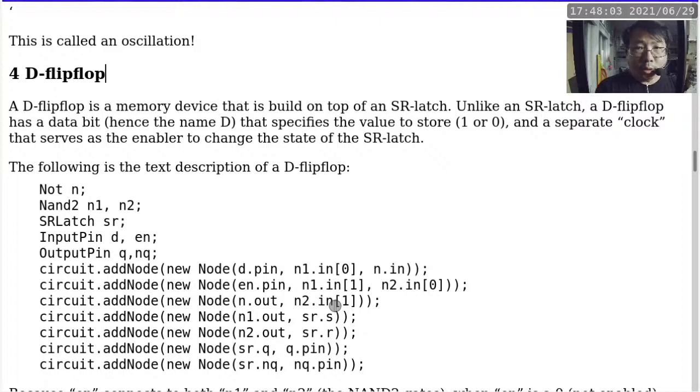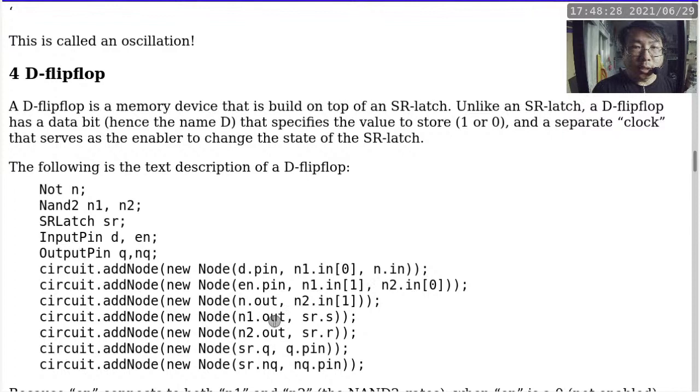Alright, so now we have EN. EN is going to the second input pin of N1. And it's also going to the first input of the second NAND gate. Alright.